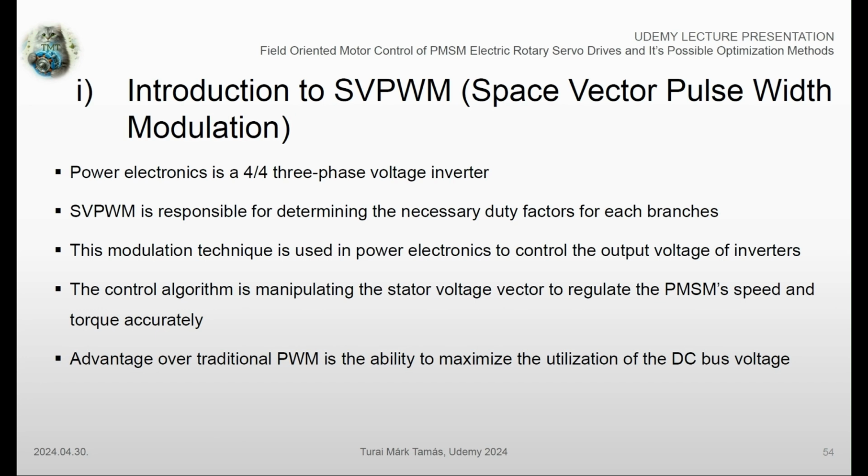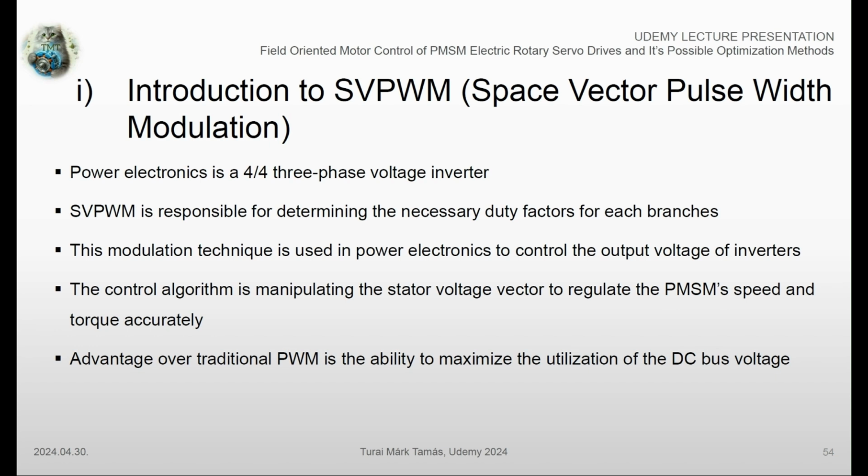The inverters are utilizing the so-called pulse width modulation technique, which means that the output voltage either equals the DC link or the ground potential while it is being modulated with a high frequency carrier. The average voltage value can be modified via the duty cycle of the PWM signal, which means that we shall control the ratio of the switch on and switch off times of a given semiconductor.